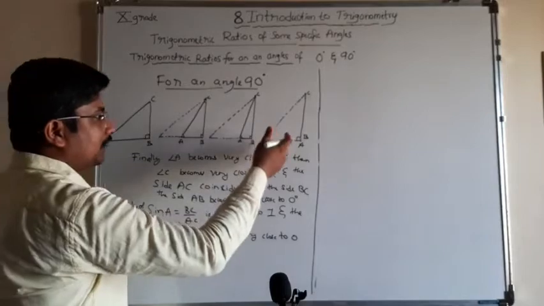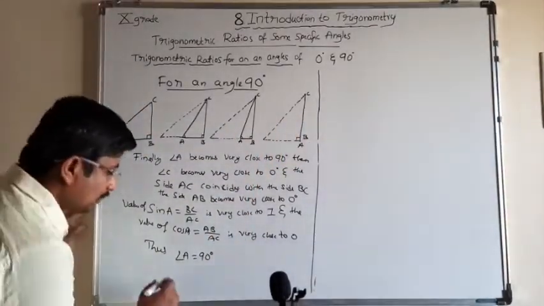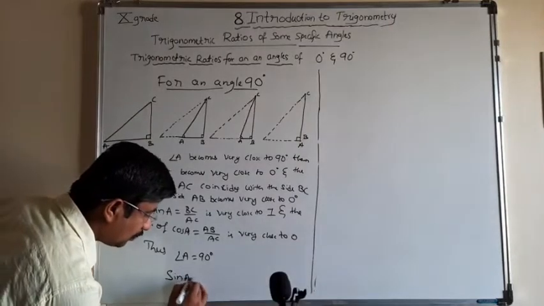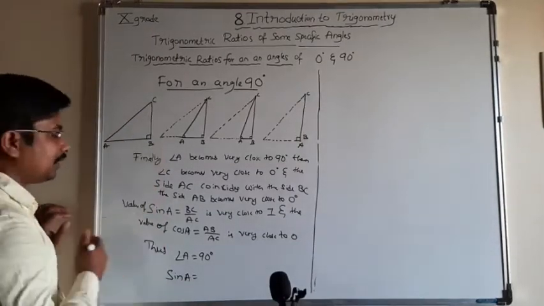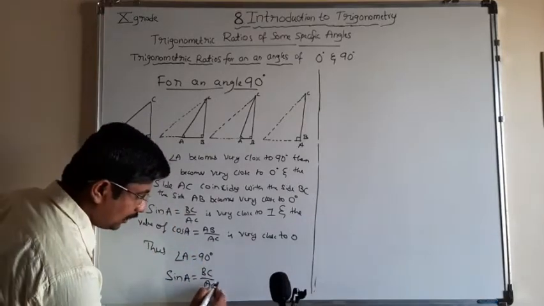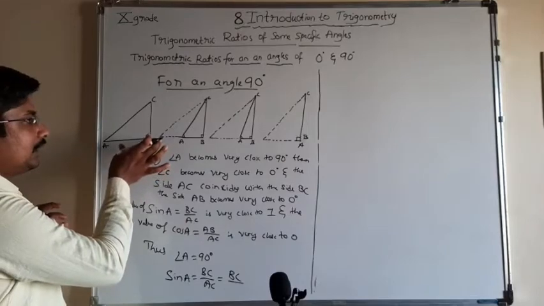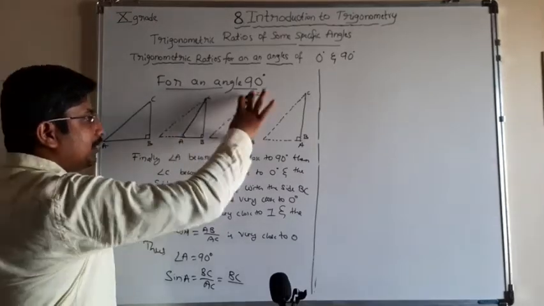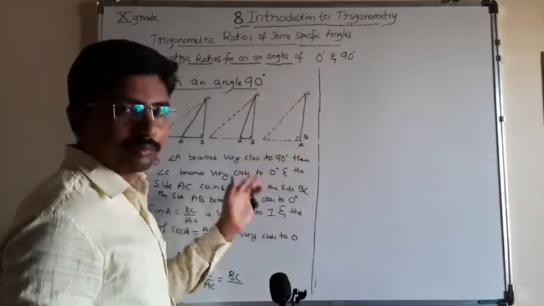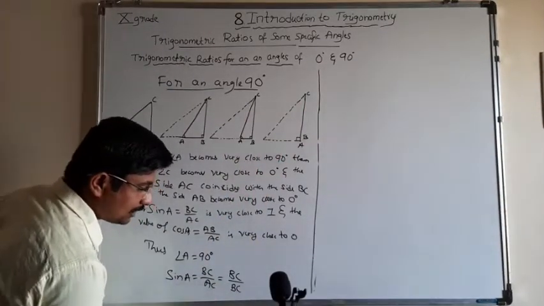Thus, angle A is equal to 90 degree. Then sin A is equal to opposite side divided by hypotenuse, BC divided by AC. The side AC coincides with BC, therefore AC may be written as BC.